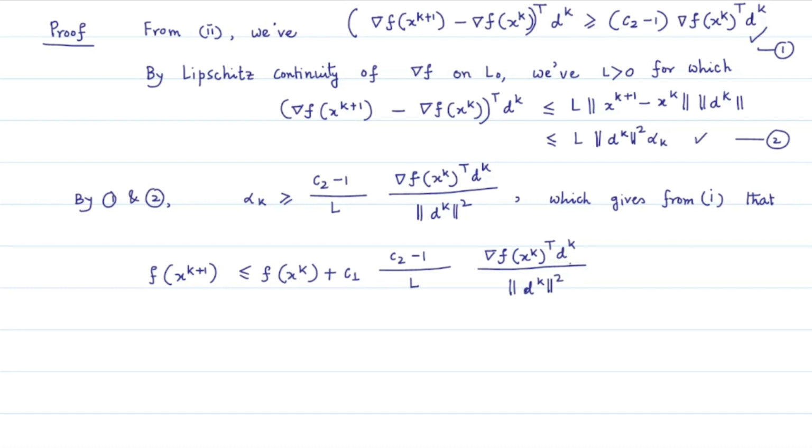Now, as the angle between negative grad f xk and dk is theta k, we have this less than or equal to f at xk minus some positive constant c, where c is c1 times 1 minus c2 divided by capital L, this c times cosine square theta k times norm of gradient f at xk.